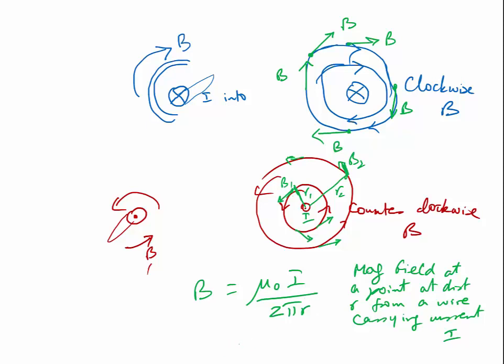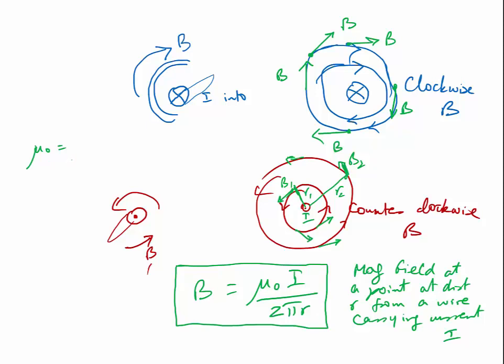All right, so that equation gives you the magnitude of the magnetic field, and it depends only on two things: I, the current in the wire, and r, the distance of the point at which you want the magnetic field from the wire. And then this mu naught is just a universal constant, just like you had epsilon naught when you were working with electric fields. You've got mu naught when you're working with magnetic fields.